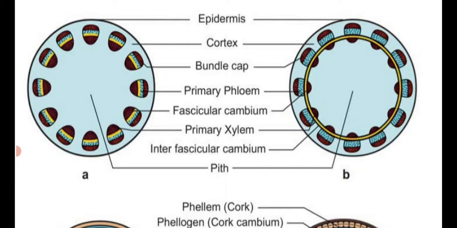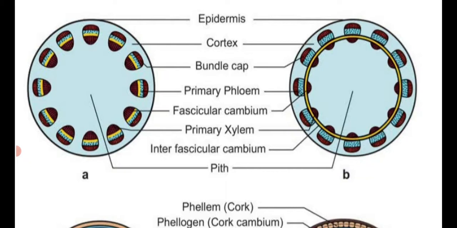a yellow color ring-like structure is present between the vascular bundles. See, between two vascular bundles. How is it produced? It is produced from the medullary rays made up of parenchymatous cells. That cambium is called, see the diagram, interfascicular cambium.